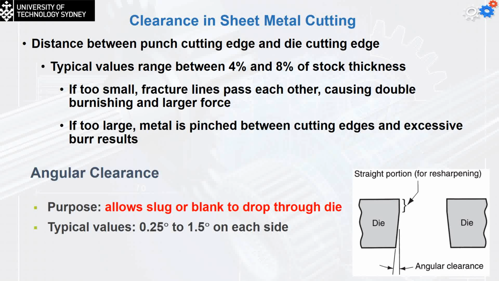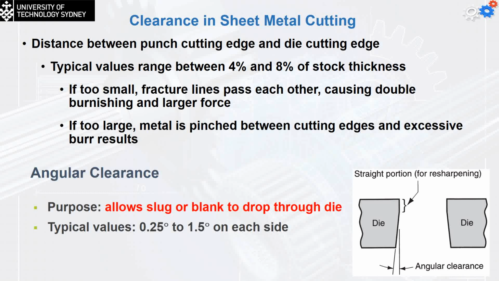If too small, the fracture lines pass each other, causing double burnishing and larger forces. If too large, the metal is going to be pinched between the cutting edges and excessive burr will result. We also can have angular clearance, which allows the slug or blank to drop through the die without getting stuck in the middle. A typical value is between 1/4 and 1.5 degrees on each side.